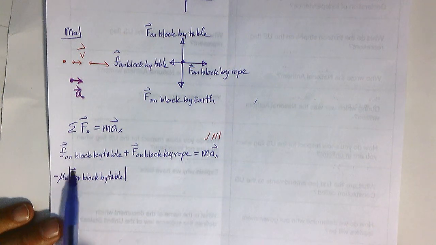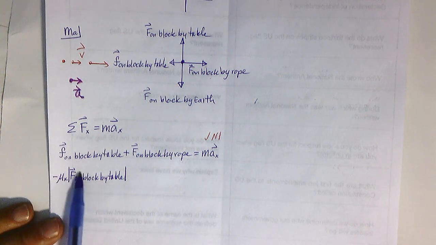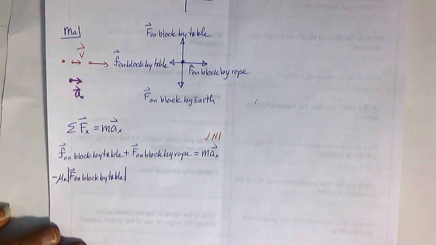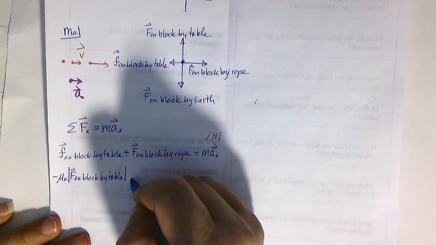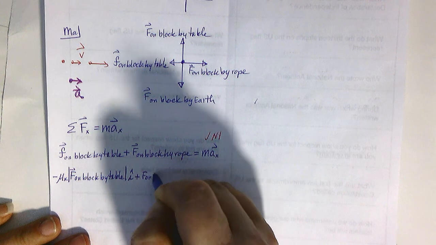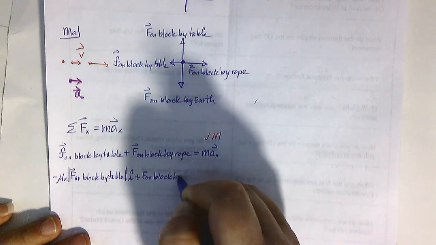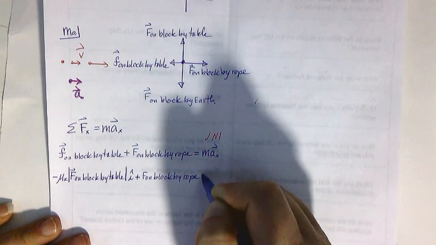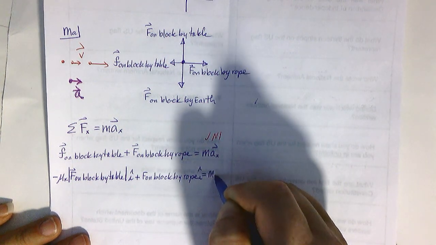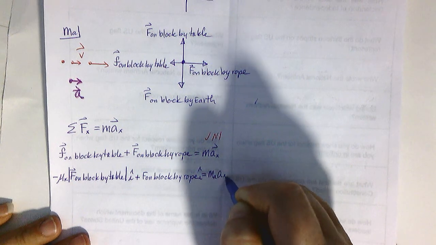You could completely remove the vector sign, or if you're going to write the vector sign, you put the absolute value bars, which says that you ignore the direction. Okay, so this is i hat plus force on block by rope, that's i hat, and that's equal to m sub a i hat.